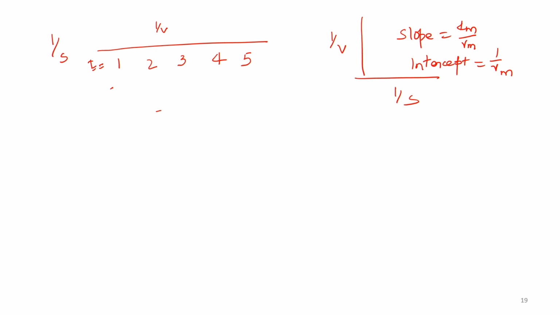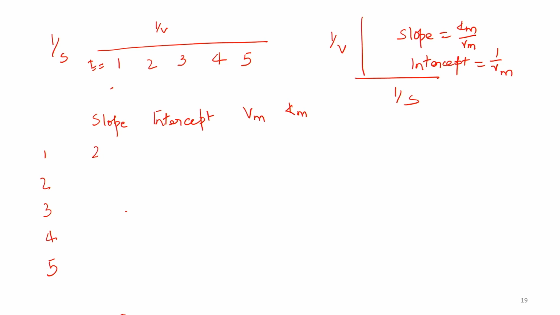So, what I did, we have plotted this and I will note down the value of the slope and intercept, and once these two are there, then we can calculate Vm and Km, for the different cases 1, 2, 3, 4, 5.